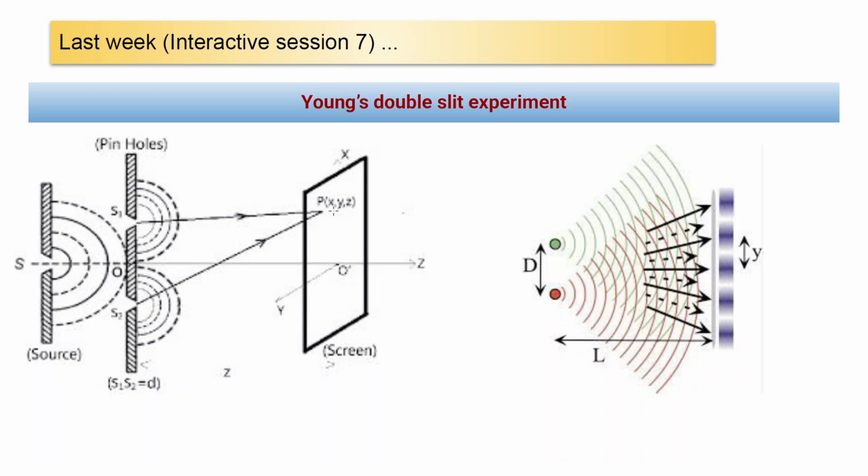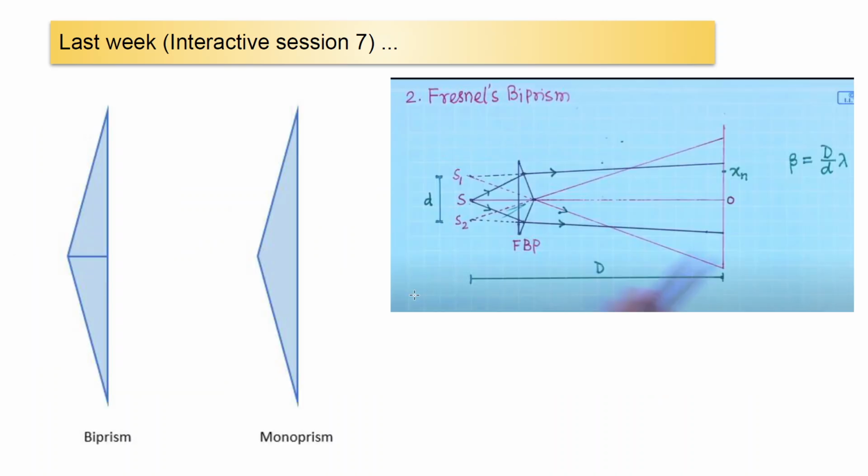And then we derived the condition for getting dark and bright fringes. We'll get something like this. And we saw the relation between the distance between the screen and the sources, and the distance between the two sources, how far apart they are. And then we derived how we can calculate the fringe width, which is the same for the bright and dark fringes.